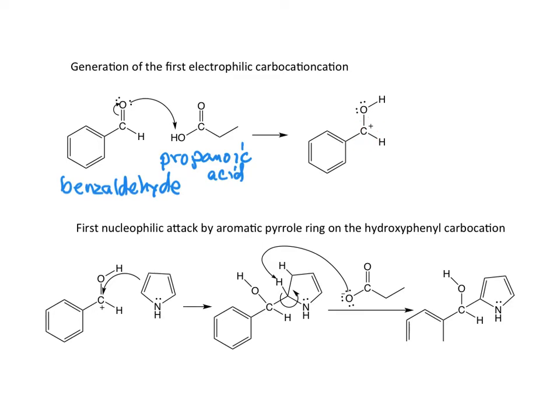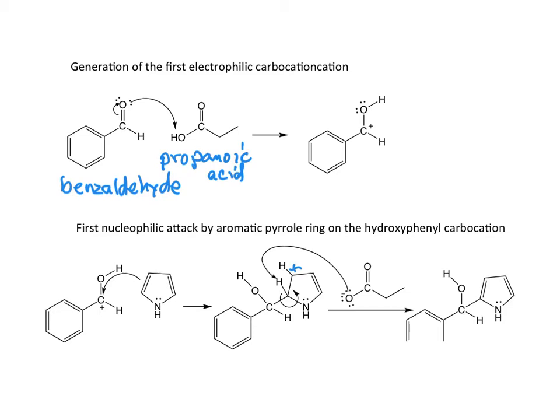And so then our pyrrole ring can act as a nucleophile and attack that carbocation to create, and when I copied my structure, again, my positive charge didn't show. So we'll put our positive charge on our intermediate right there. Right?